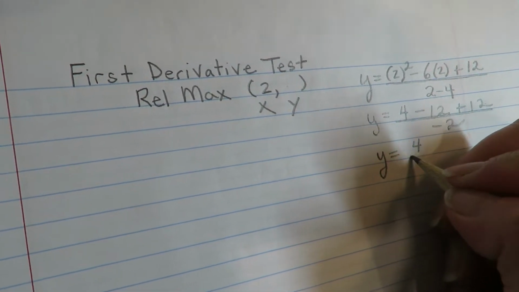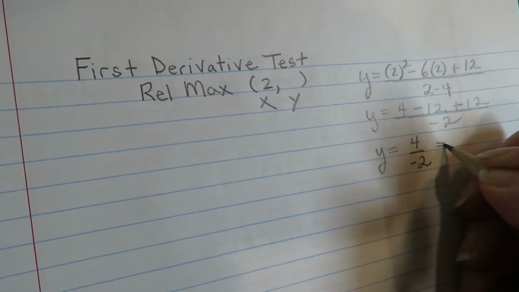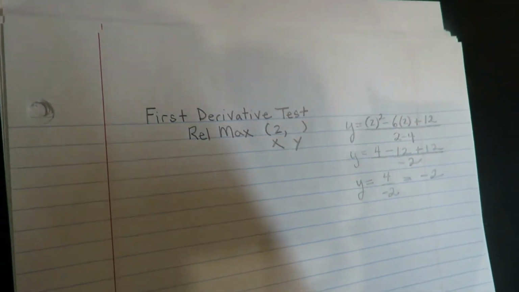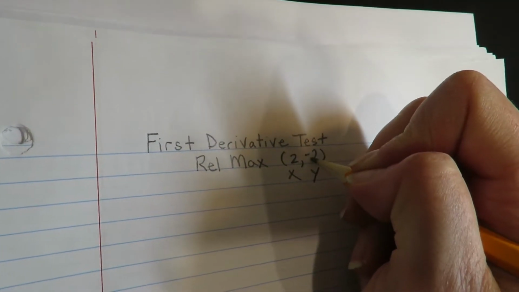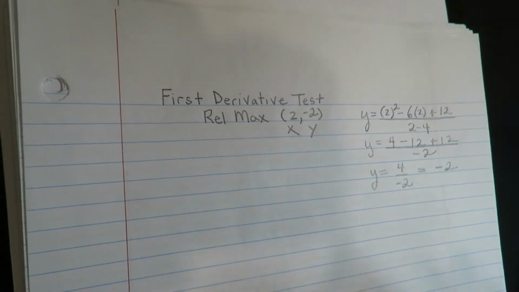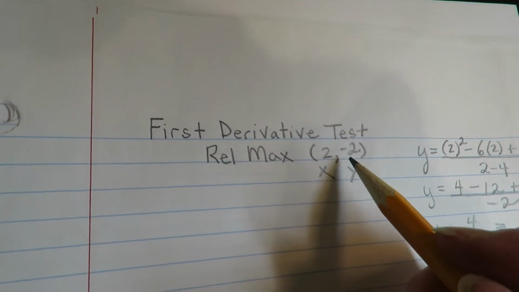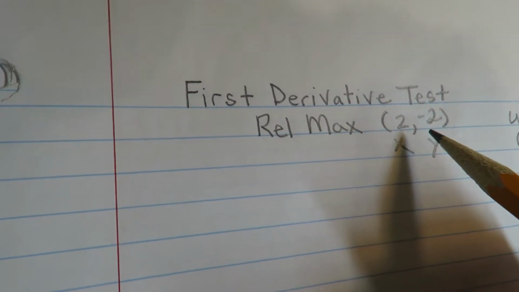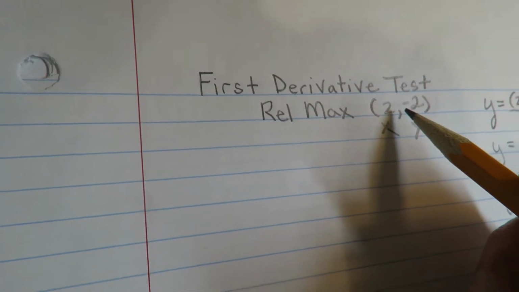Okay, so you're going to get 4 over negative 2, which is going to be negative 2. Alright, so our relative max, the height on the graph of the relative max is 2, negative 2.